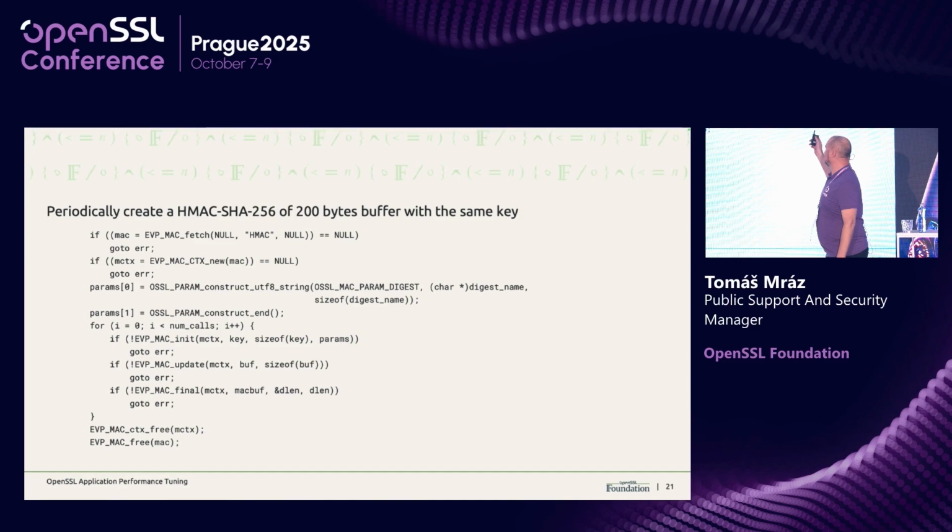This is the basic code where we fetch the HMAC, create the context, prepare the parameter for the digest name, initialize the context with the parameters and the key, push the buffer through that computation, and get the final MAC.